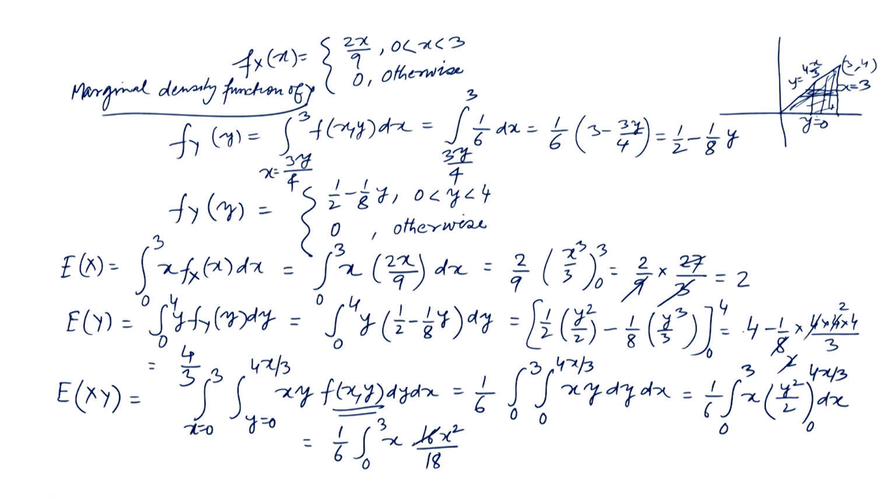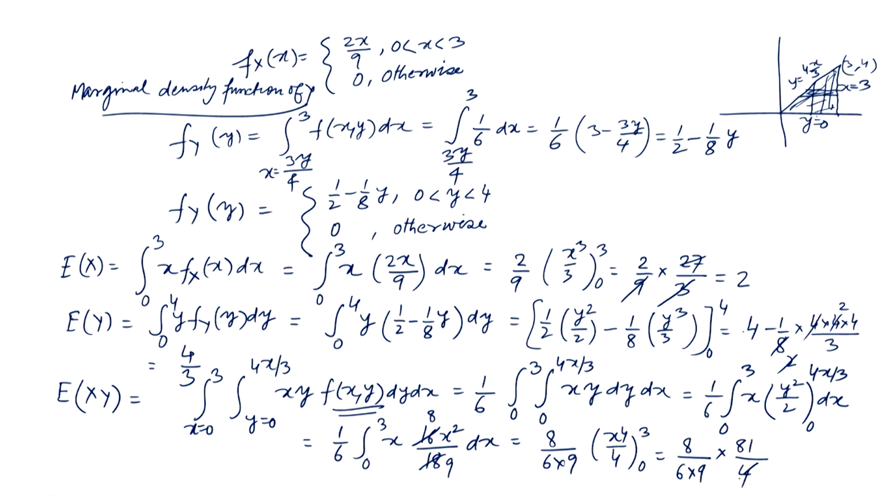So, we get here 2 eights are 16, and here we get 9, this dx. So, we have 8 divided by 6 into 9, x cube, integral of x cube is x^4 by 4, 0 to 3. So, we get 8 by 6 into 9, and then we have here 3 to the power 4, that is 81 divided by 4.